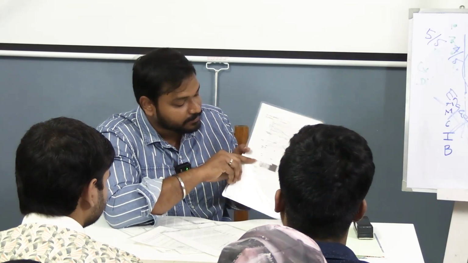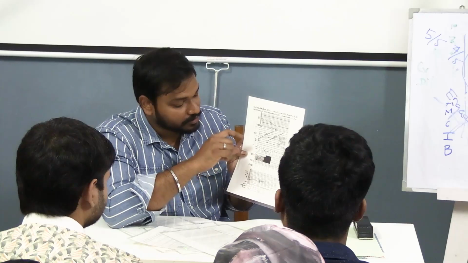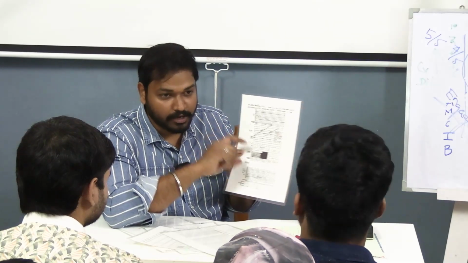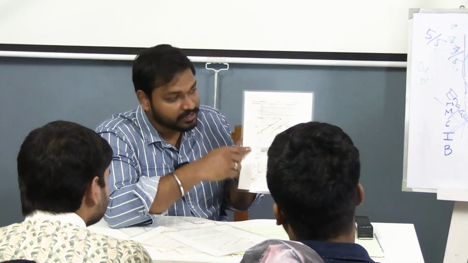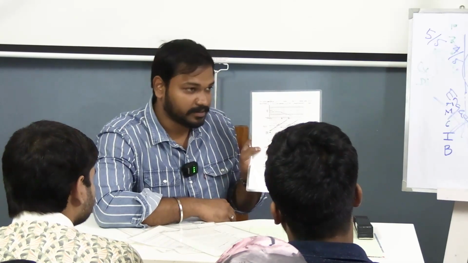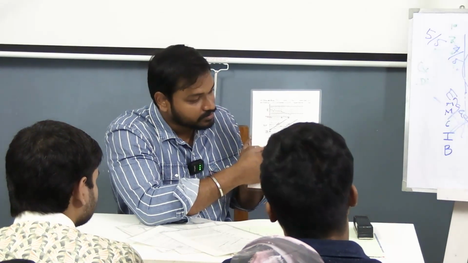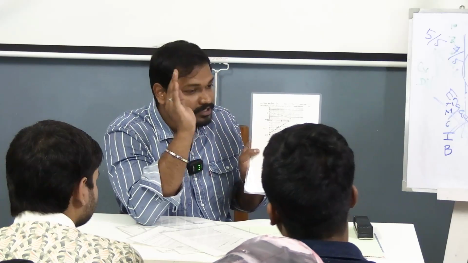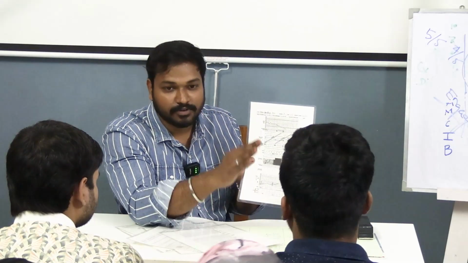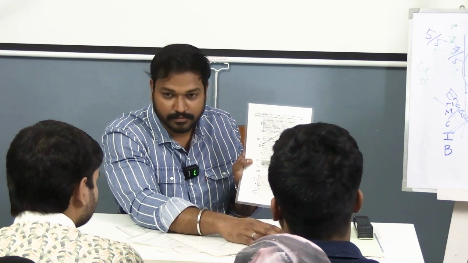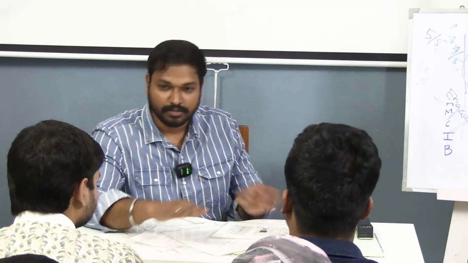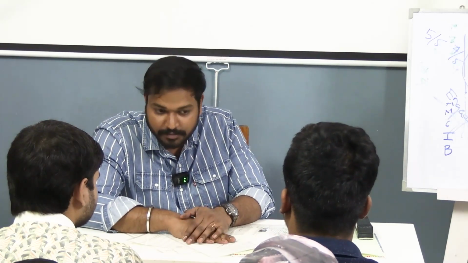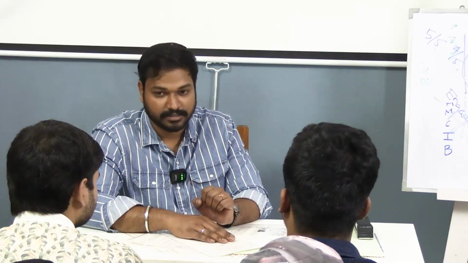Okay, after this there is uterine contraction. See, they have shaded something and marked darkly. We check how many contractions there are in 10 minutes. We put our hand on the abdomen for 10 minutes and see how many contractions come.